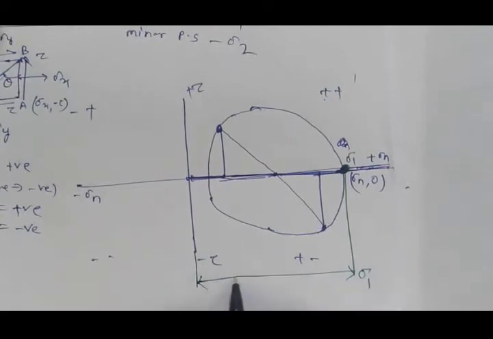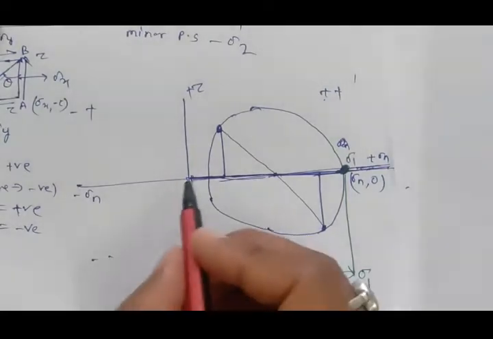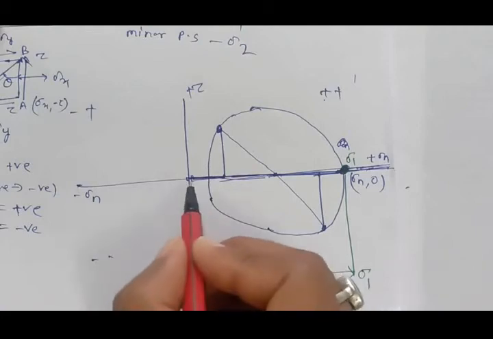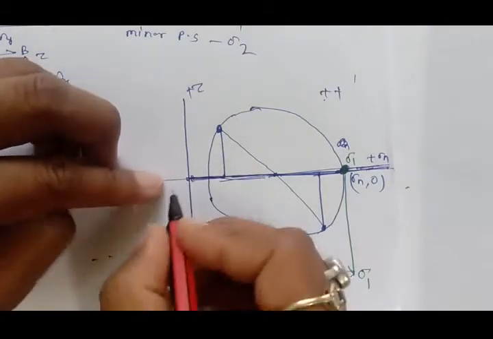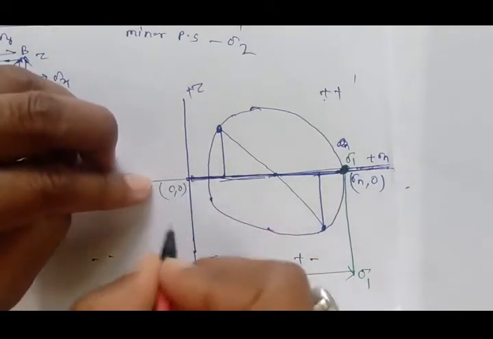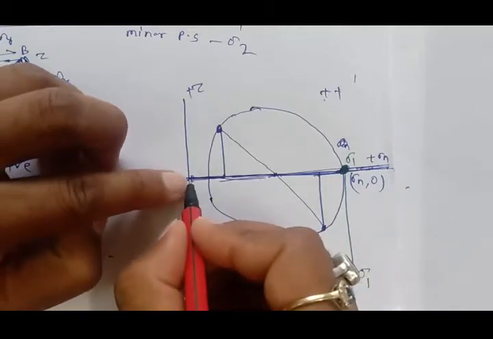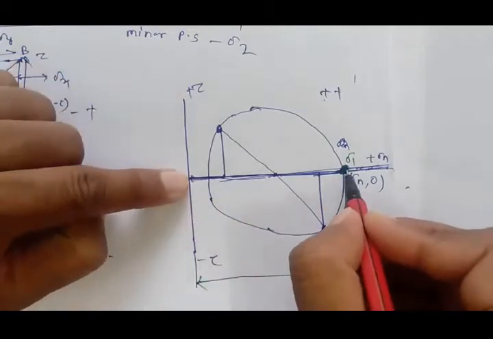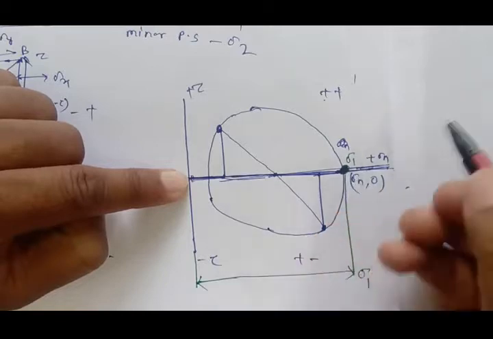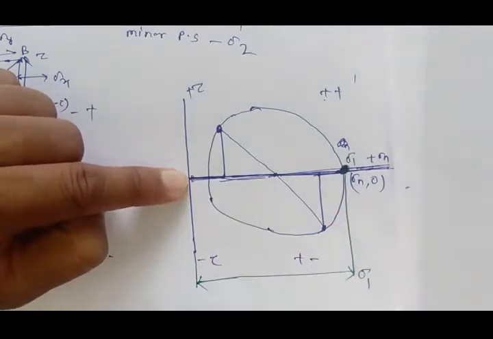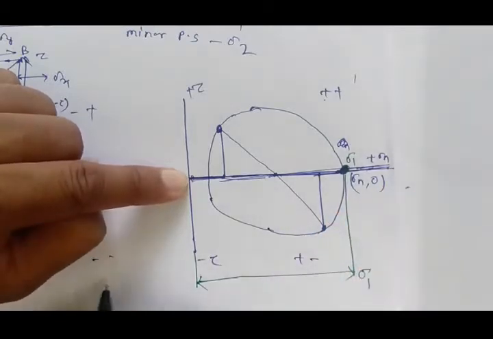It is the principal stress, which means you have to take the scale. This is our reference line, and everything you have to measure from the reference line: you put the scale from here to here and measure this length. If you measure this length, you can convert length into the stress value. We have already discussed that you can take 1 megapascal as 1 mm.